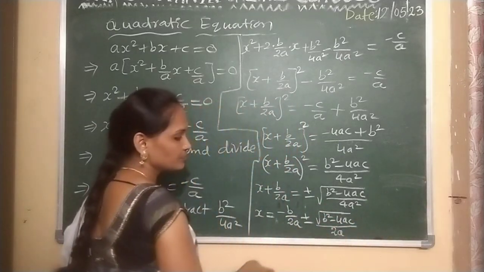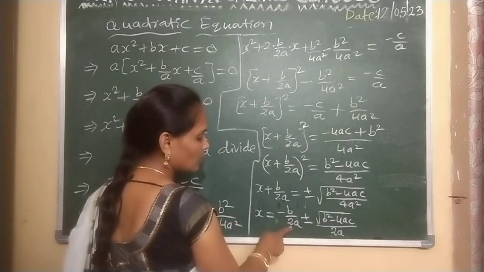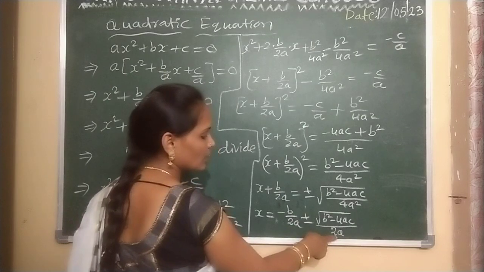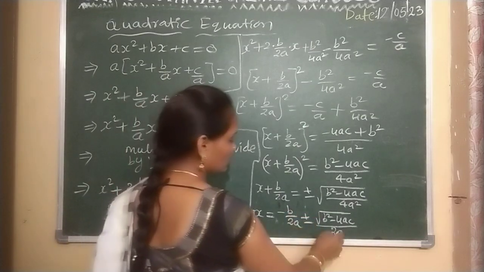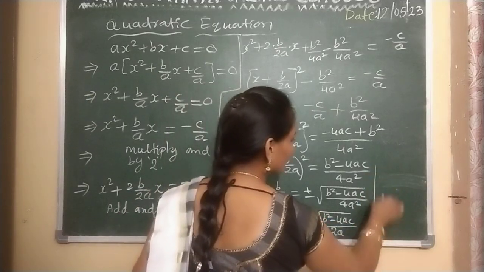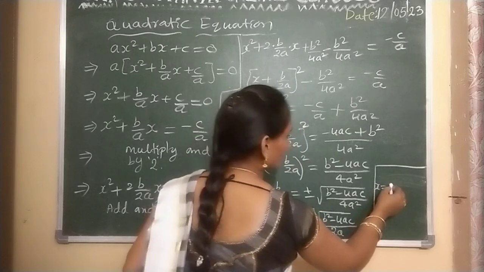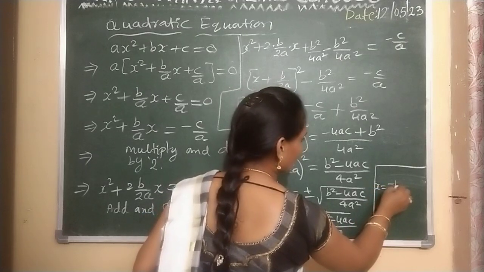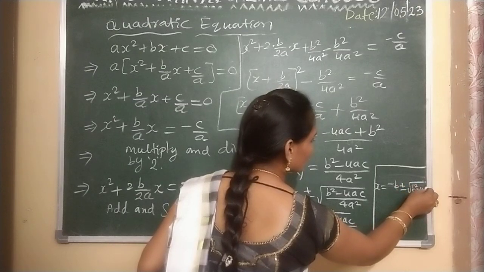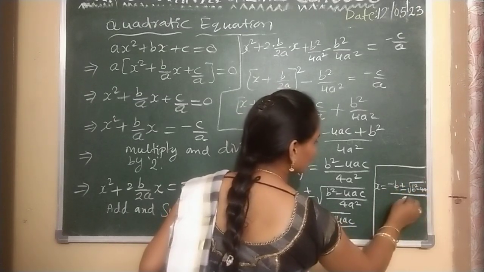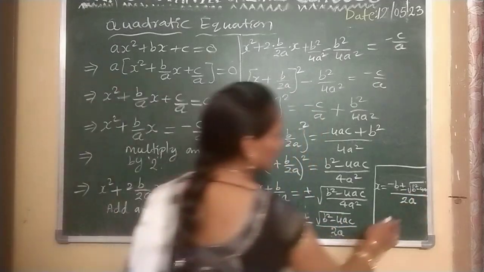I am taking individual square roots, so it will become 2a. Now here also 2a, here also 2a, like terms, so we can take the same common denominator. Now x is equal to minus b plus or minus square root of b square minus 4ac by 2a.